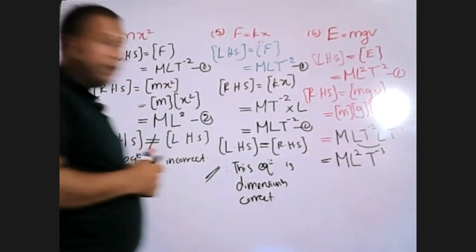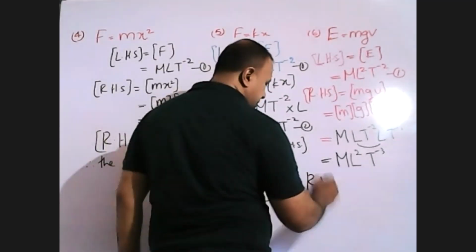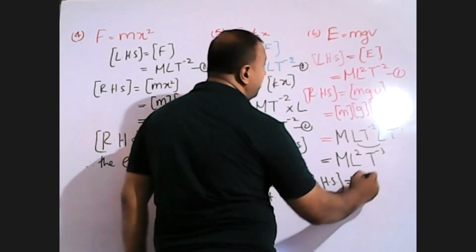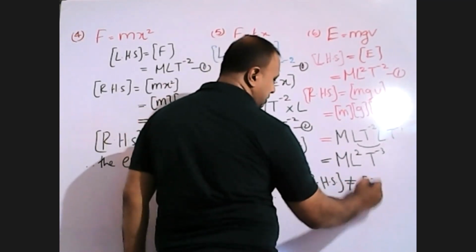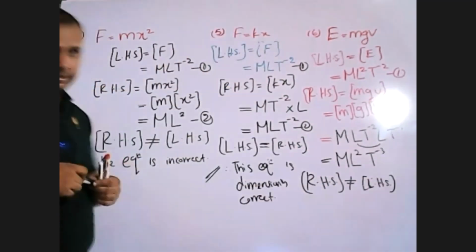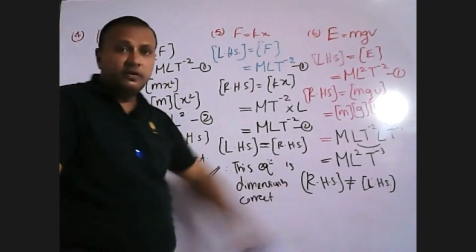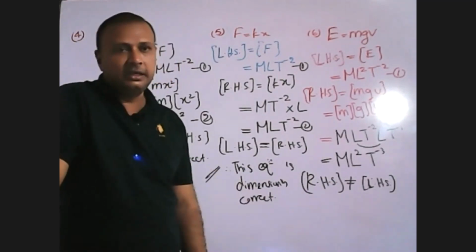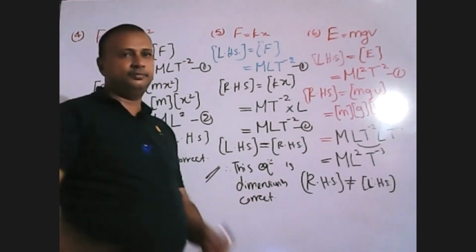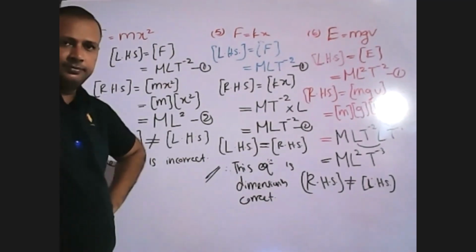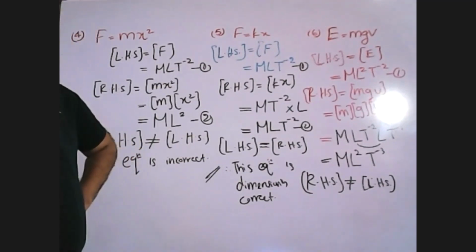Then the dimension of RHS is unequal to the dimension of LHS. From that, we can say this equation is incorrect. Okay. Do you understand this one? Good.